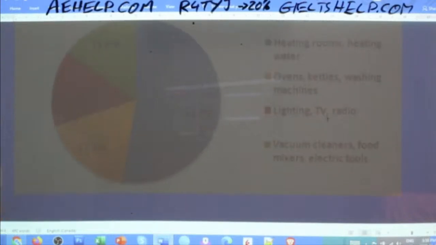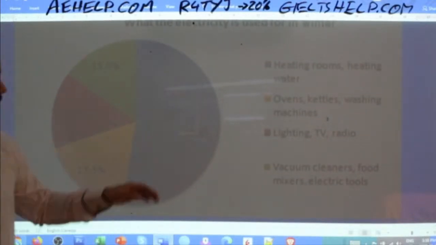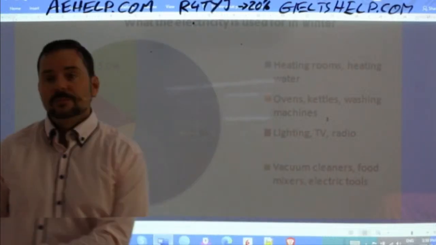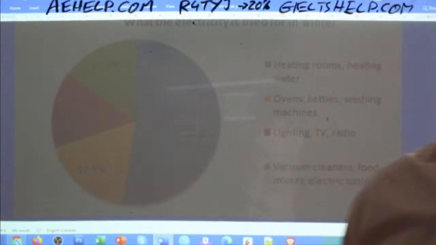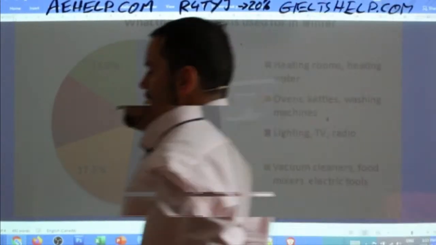So smaller appliances, lighting, TV, radio, use about the same percentage of power in winter months. Okay?